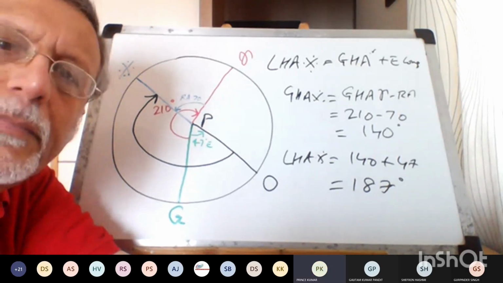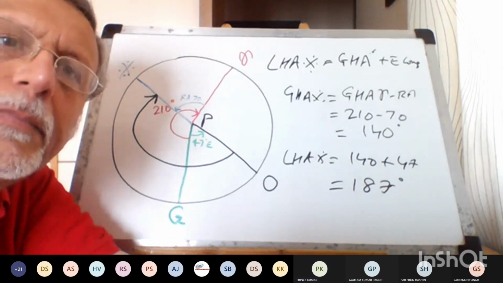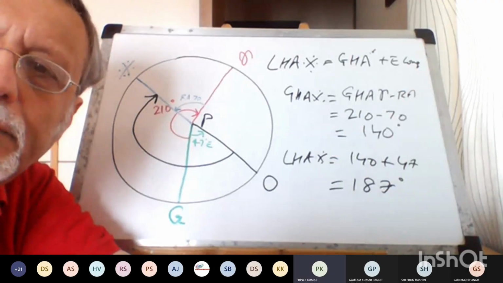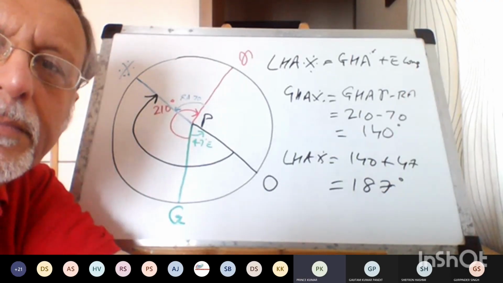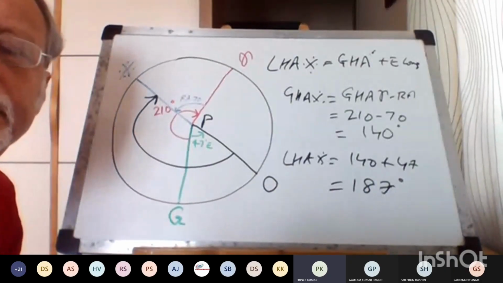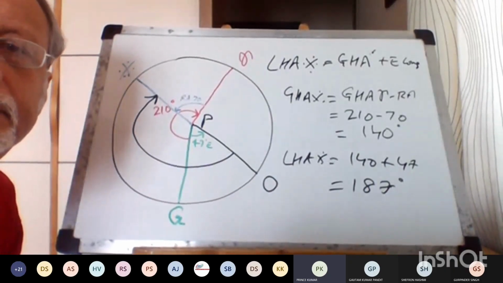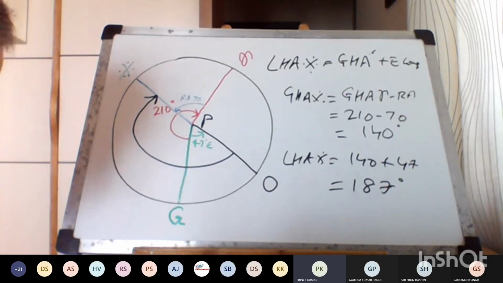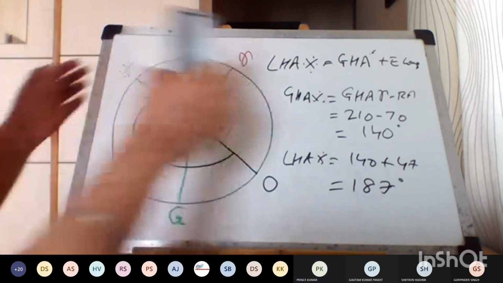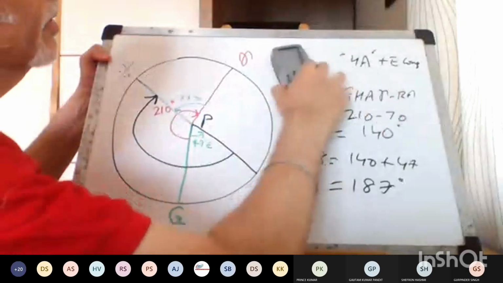The planet Venus was on the meridian of an observer in longitude 62 degrees east. If the right ascension of Venus at that instant was 87 degrees, find the GHA of a star, the SHA of which then was 162 degrees. Very good. It's a good question which we must do so that everything is clearly understood.